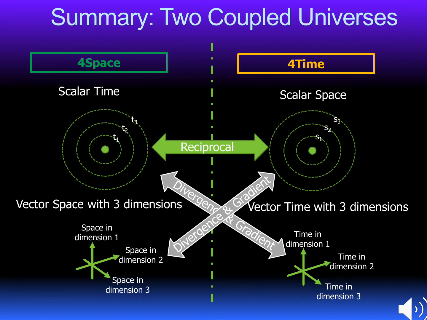So for completeness, we show, again, these 2 coupled universes, and we show fundamentally that scalar time and scalar space are related with a reciprocal relationship, and then from these scalar fields, the vector fields of vector space and vector time are derived through the divergence and gradient operators.